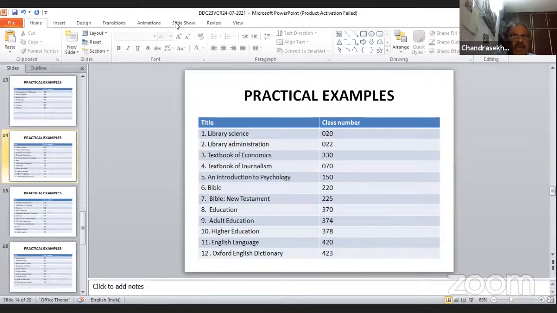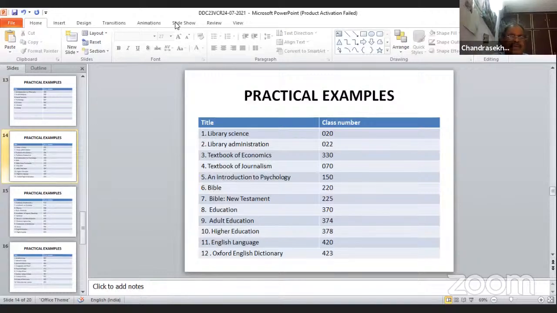Then coming to the next title, English language. 400 is languages. If you go to the second summary, 420 is English language. 410 is linguistics or something. 420 is English. 430 is German language. 440 is French.